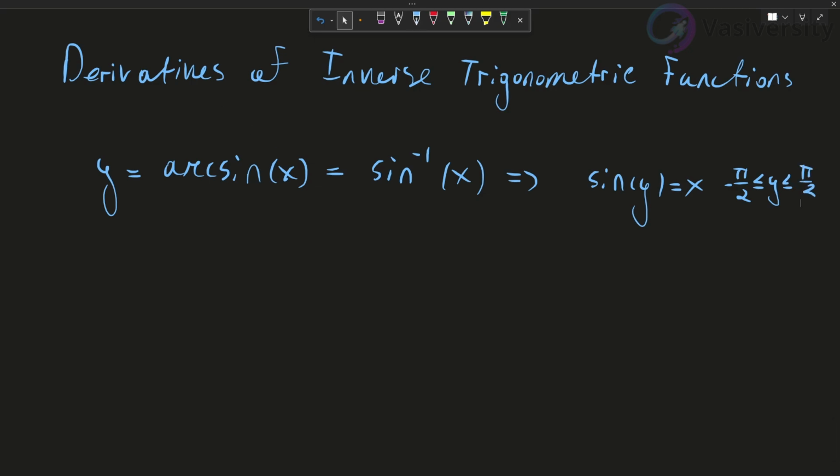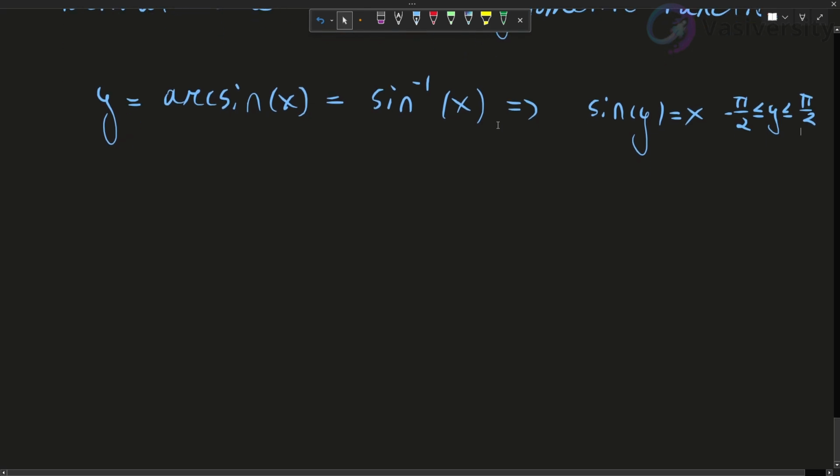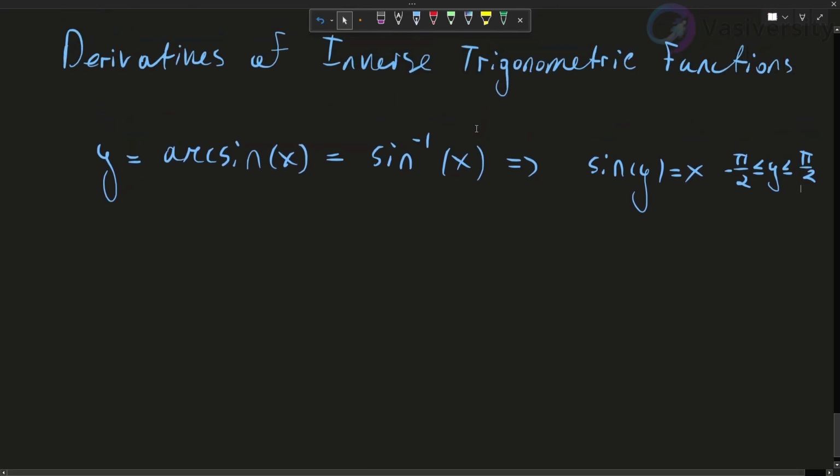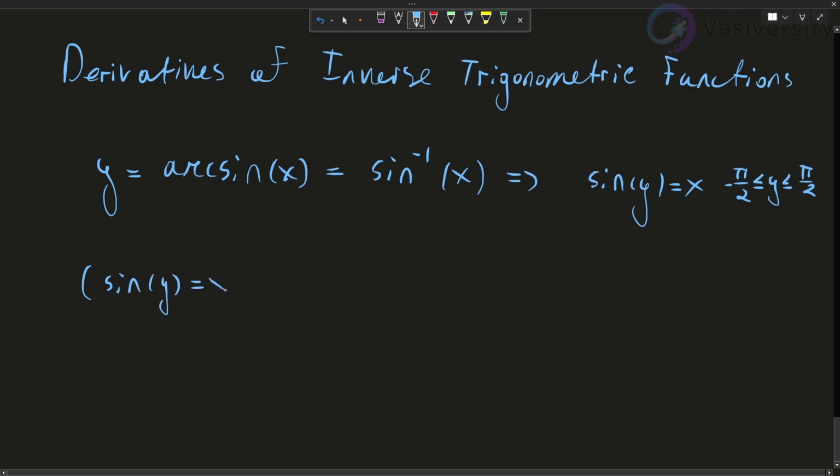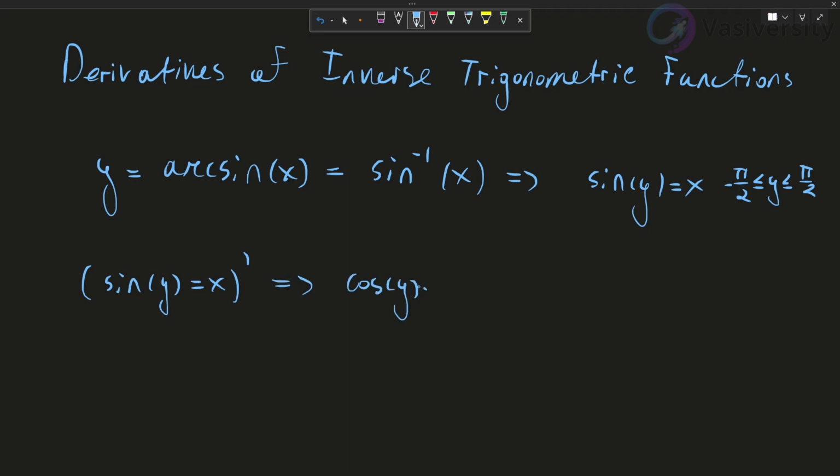Okay, so if we now, by using our knowledge, take an implicit derivative, what are we going to get? We're going to get the derivative of sine y, which is cosine y times y prime, equal to 1. So y prime is equal to 1 over cosine of y.